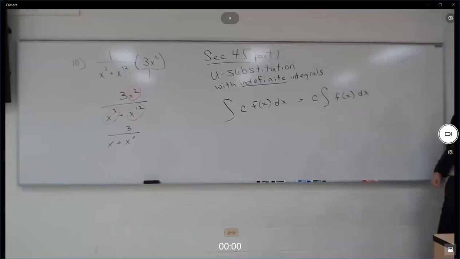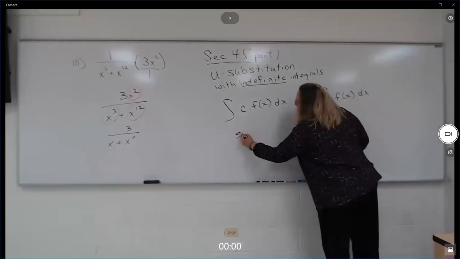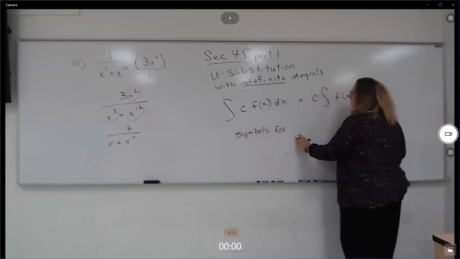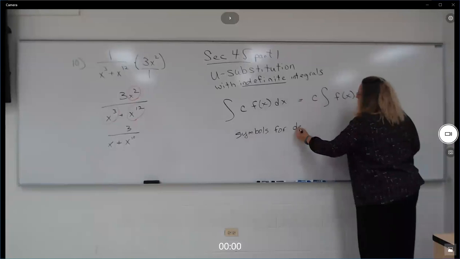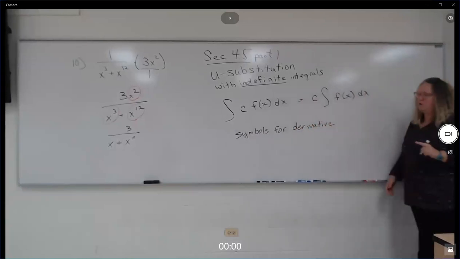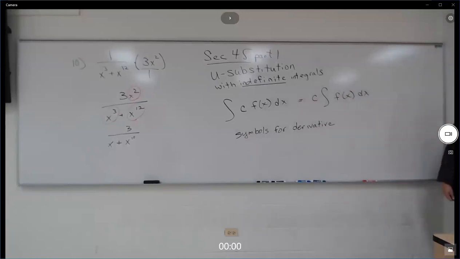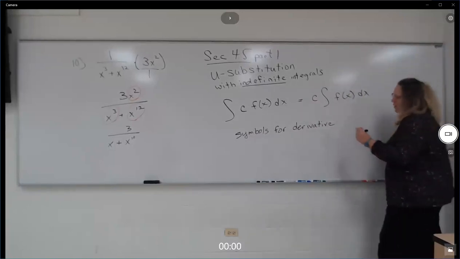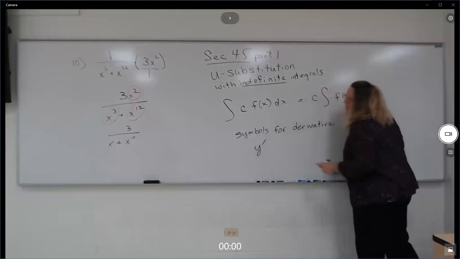Now, the other thing we have to talk about, symbols for derivatives. I know, which is kind of weird because we're talking about integrals, but in the middle of this integral, we're going to be taking the derivative. So mixing it all together. Symbols for derivative. What do we normally use? We normally use this guy, right?